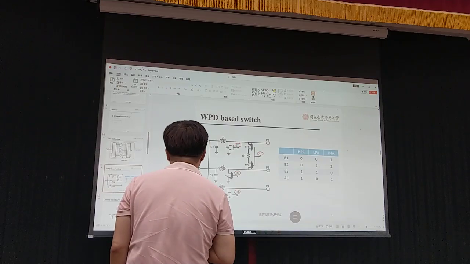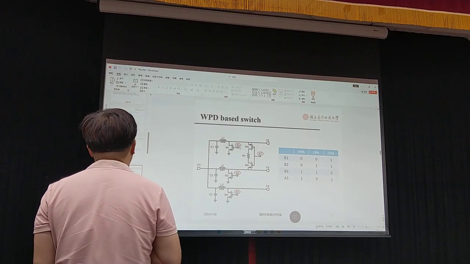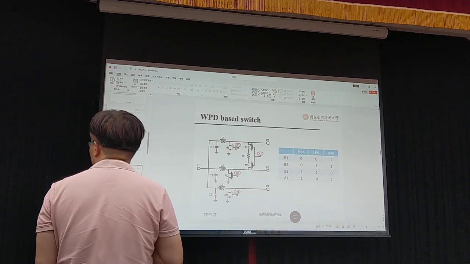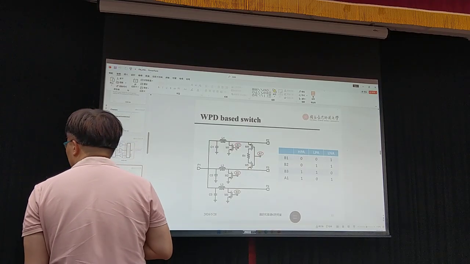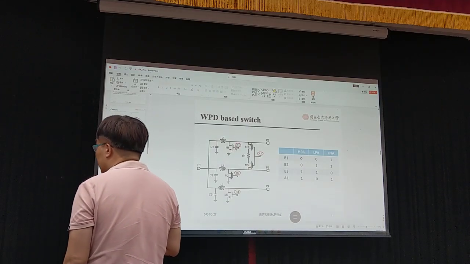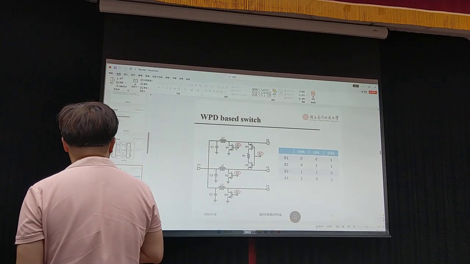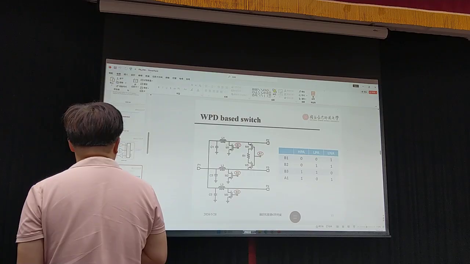That's the signal block. Okay, got it. Yes. And if the control is 0, the transistor will become a capacitor, using its parasitic capacitor to become a notch protection. And let the signal pass through on our desired band.